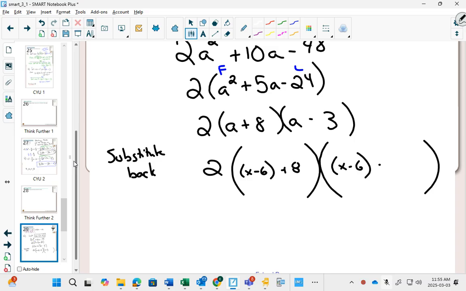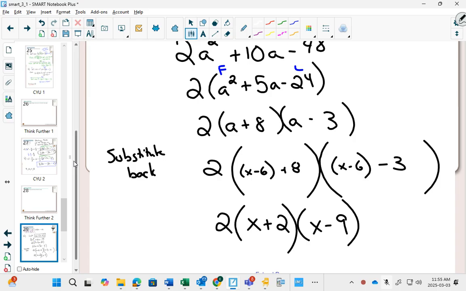Put it in brackets when you substitute. Can I simplify this? x minus 6 plus 8 will be x plus 2. x minus 6 minus 3 will be x minus 9. Still a fair bit of work. This is the shortcut.